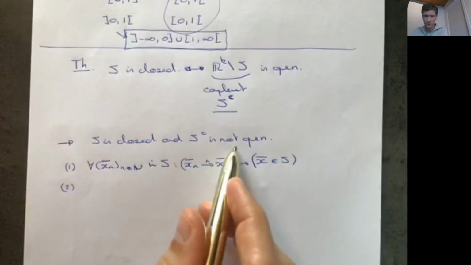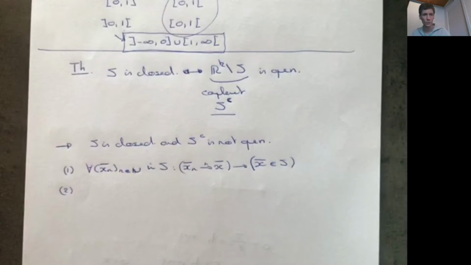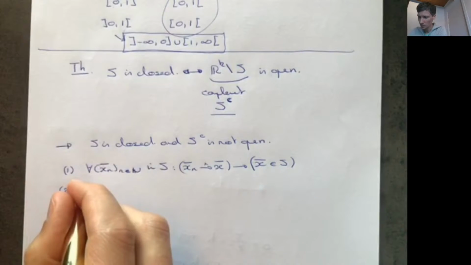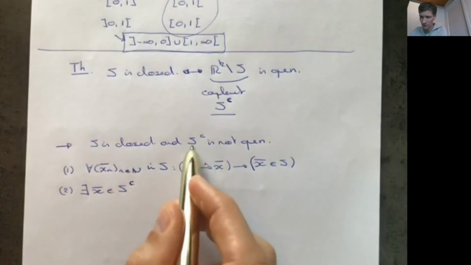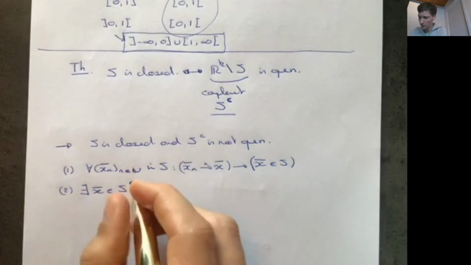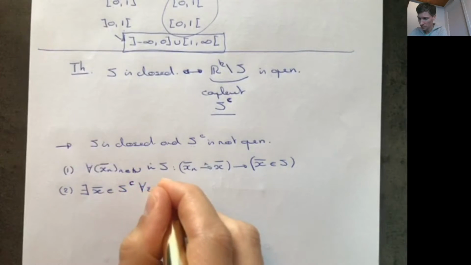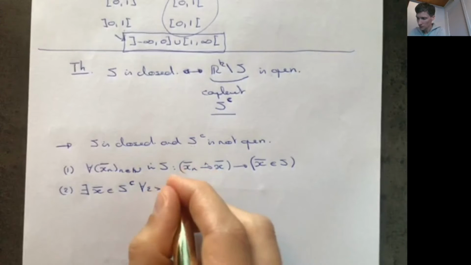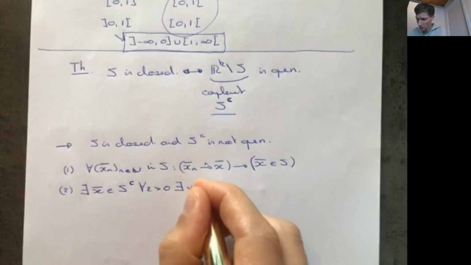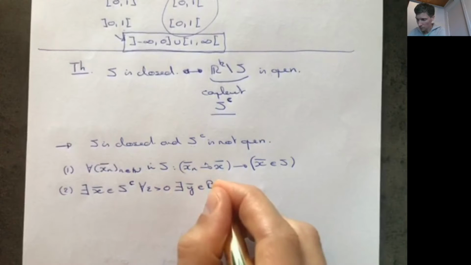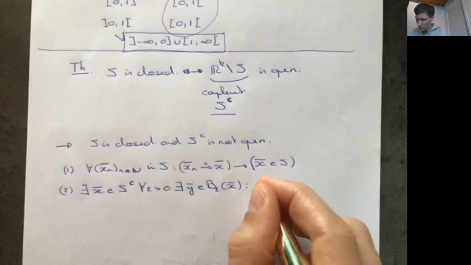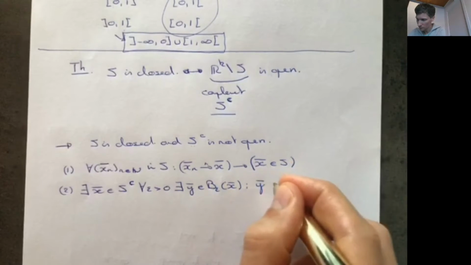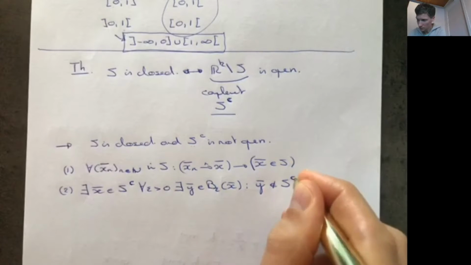The second, we have that S^C is not open. So we have to negate the definition of an open set, as we have done before. So we know that there should exist a vector x in S^C, it's S^C that's not open, not S, such that for all epsilon bigger than 0, there exists a y in the ball of radius epsilon around x, and then this y is not in the complement S^C.